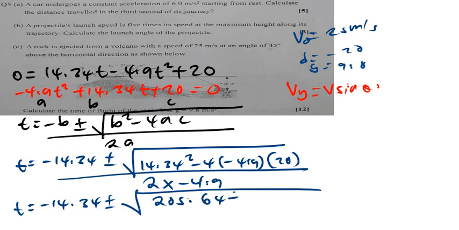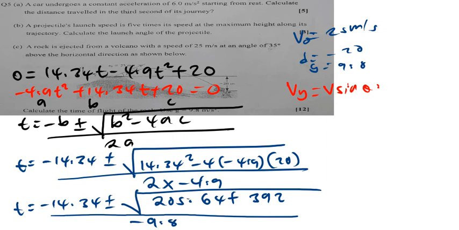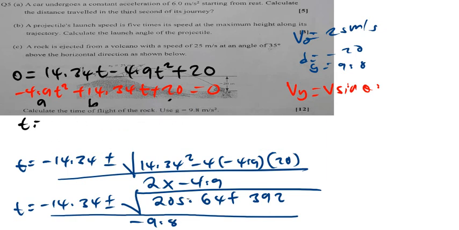Negative and negative will give me positive, so I'll say 20 times 4 times 4.9. So I'm getting 392. Everything has to be divided by 2 times negative 4.9, which gives negative 9.8.